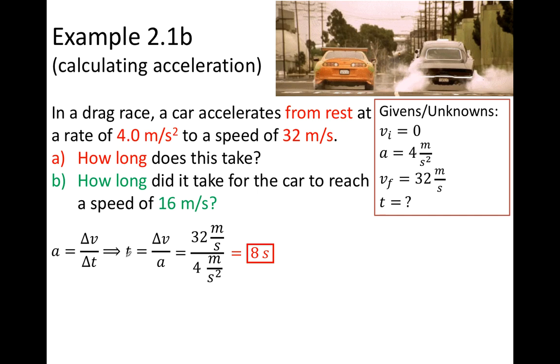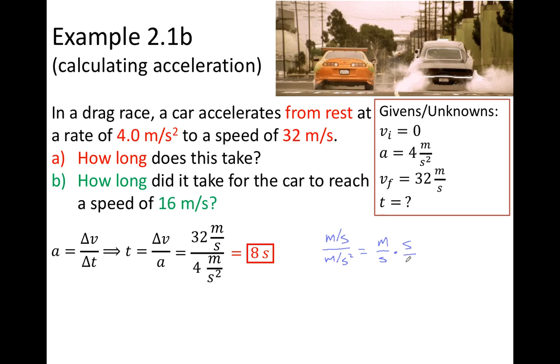I know it's probably easy to understand that 32 over 4 is 8, but how did the units turn from meters per second divided by meters per second squared into seconds? Well, remember that when you divide by a fraction, that is equivalent to multiplying by the reciprocal of that fraction.